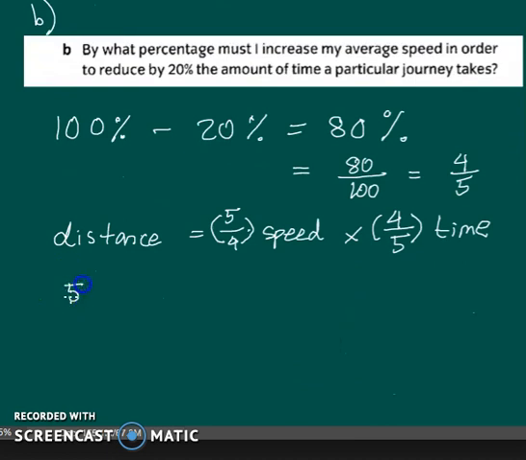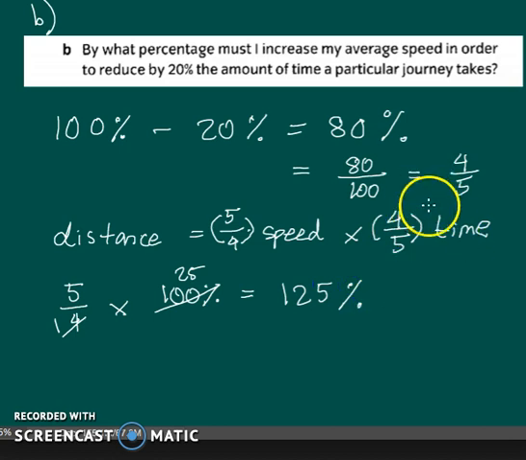And how do we express 5/4 as a percentage? The common factor between 4 and 100 is 4, so this becomes 1. This one becomes 25. 5 times 25 is 125%. So your speed is 125% of what it used to be.